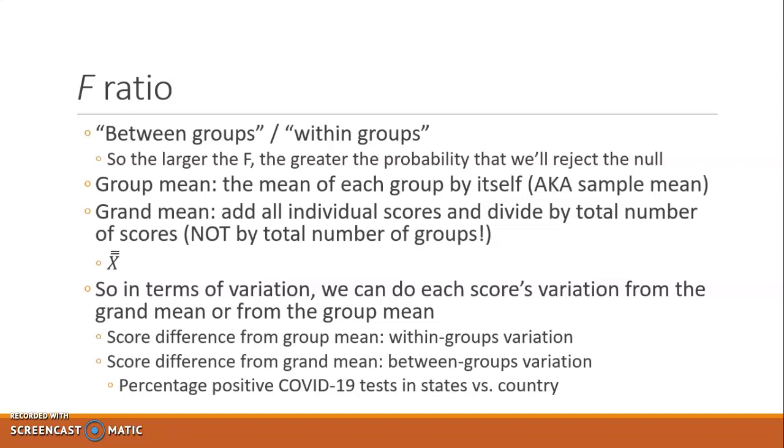Each state has its own mean, its own average of positive COVID-19 test results. On the other hand, the country also has everybody in the country, a grand mean. So what we could compare here is the difference if we wanted to see whether or not a particular state had a higher or lower rate than the country as a whole.